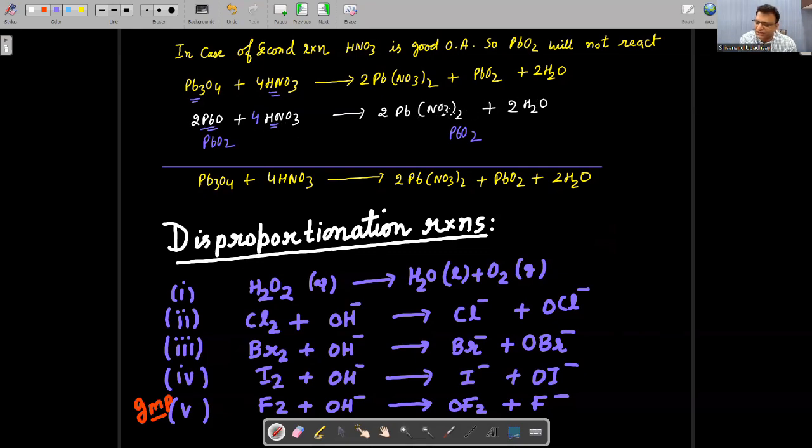We can balance this reaction, and PbO2 is not participating in the reaction. It is present initially and finally also. If we add these, we get Pb3O4 plus 4HNO3 forming 2 times lead nitrate plus PbO2 plus 2 times H2O. So this reaction is a non-redox reaction, while the first reaction has two parts, redox as well as non-redox.